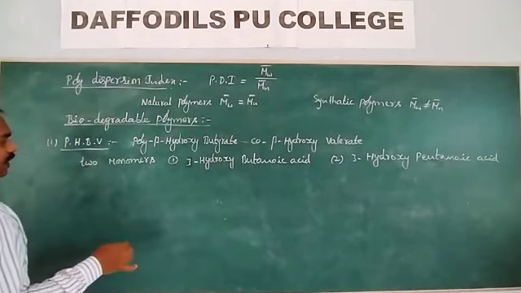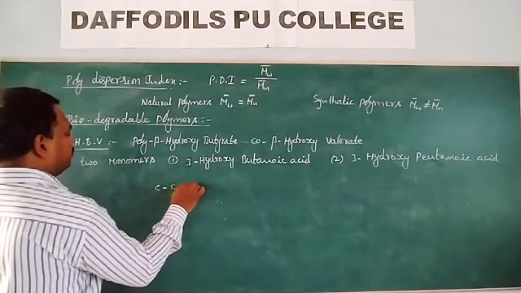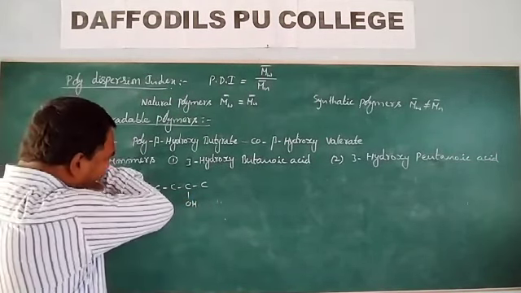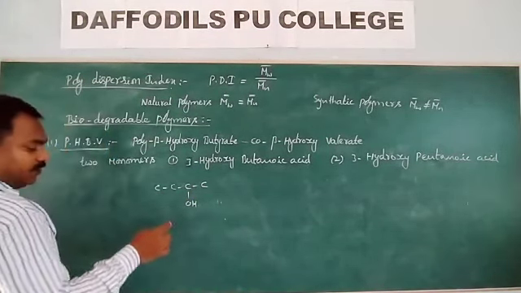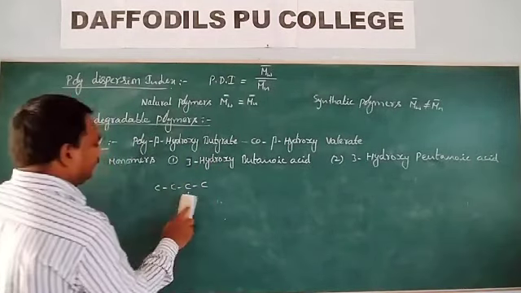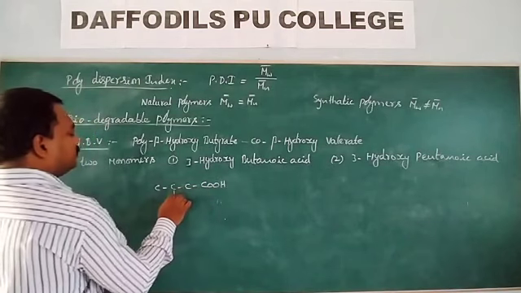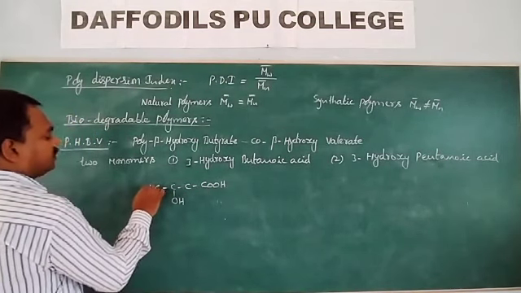So what is 3-hydroxy butanoic acid? This is butanoic acid, with a 3-hydroxy group. This is 3-hydroxy butanoic acid.